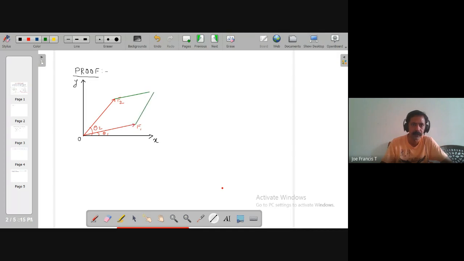Draw a line parallel to F2. So you get your resultant R. So this is resultant force R. And suppose this is making an angle theta with x-axis. Right?